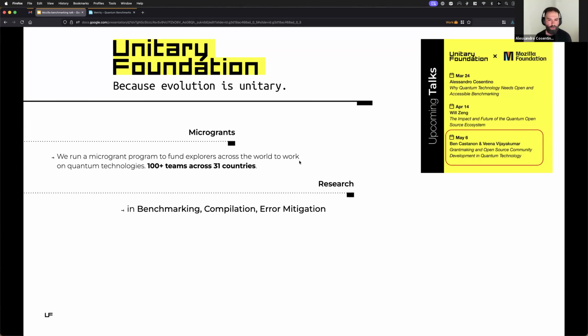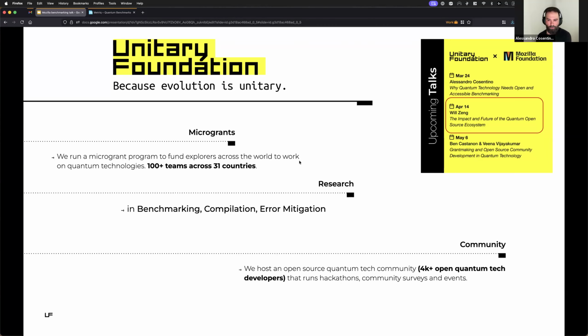We also do research in quantum software mostly, in areas like benchmarking, which is what I'm going to talk about today, compilation, and quantum error mitigation. Some of the research team members of Unitary Foundation are on this call as well. And finally, we have a big community around it.